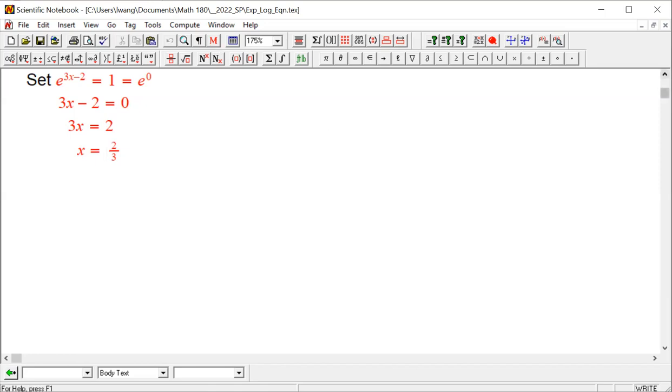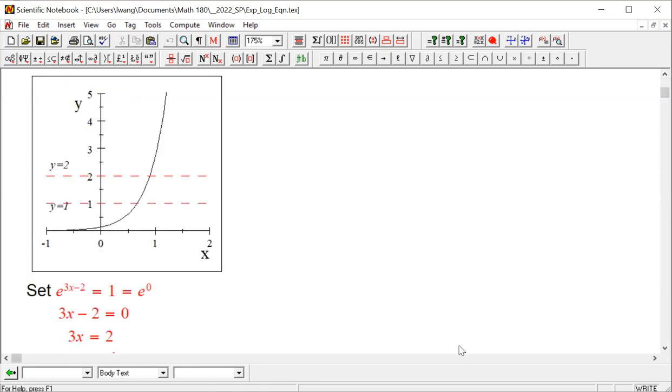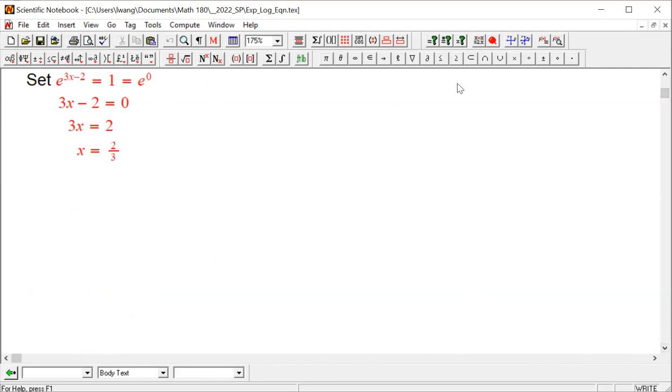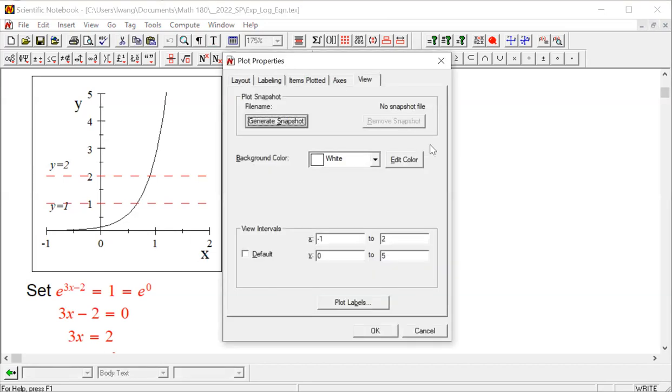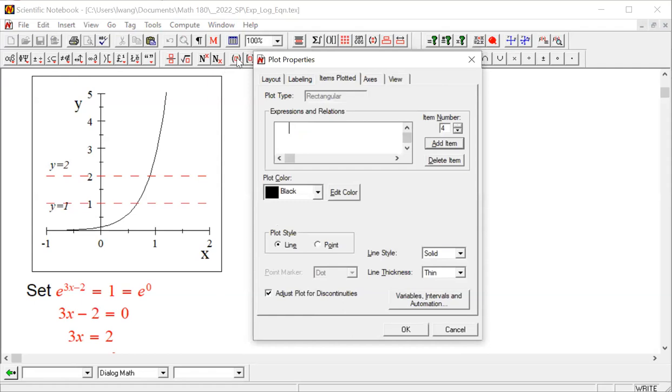What does that tell us? When the input is 2 over 3, the output is 1. So that marks this point. This point, 2 over 3, and the output is 1. We're going to put that point as a circle because it does not equal.